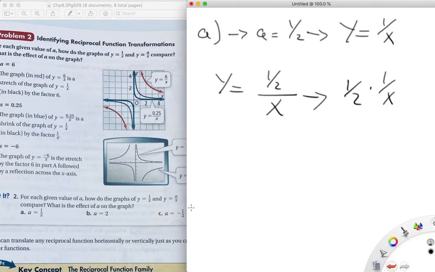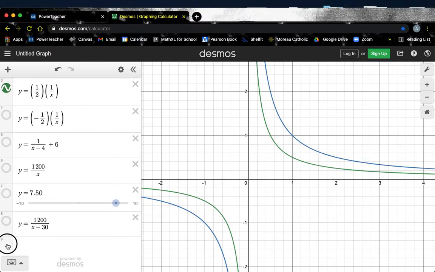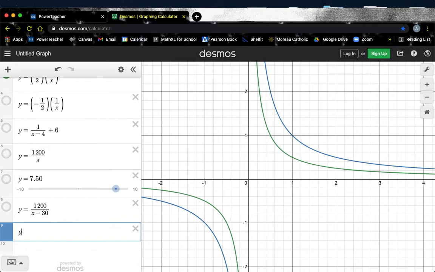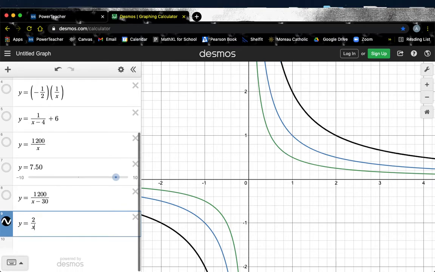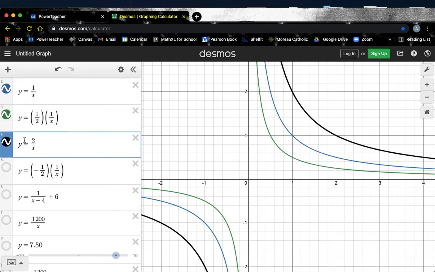What happens when a is 2? It's going to be y equals 2 over x. Well, let's take a look.